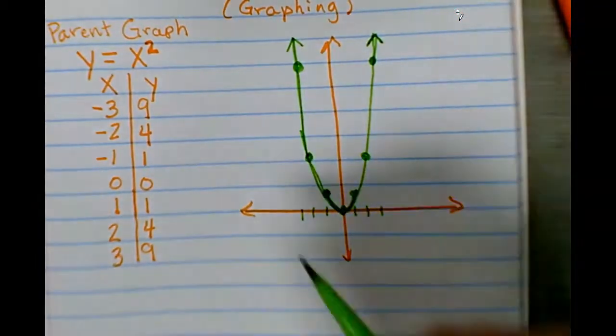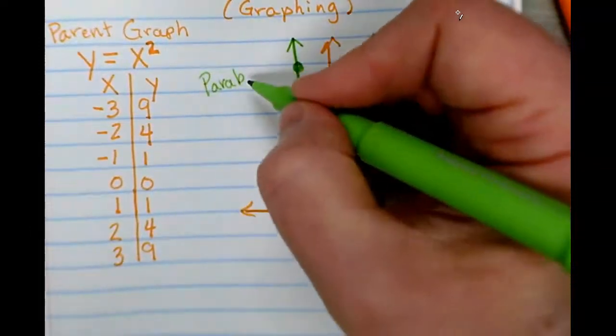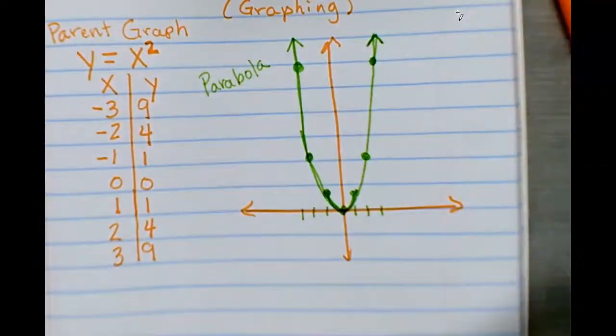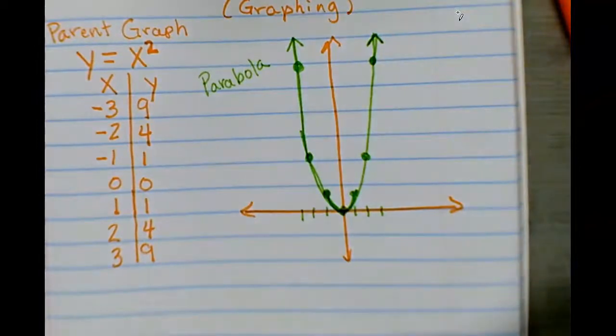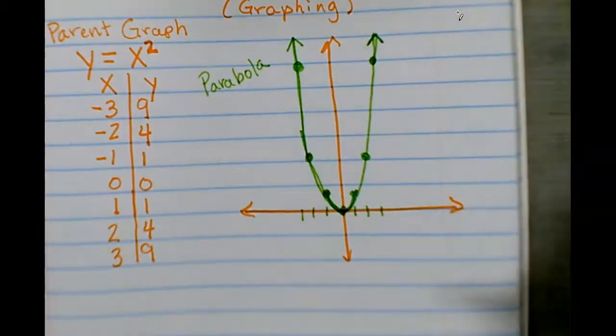And this U-shaped graph is called a parabola. The graph itself, the U shape, is called a parabola. Okay, and so this is what the parent graph looks like.